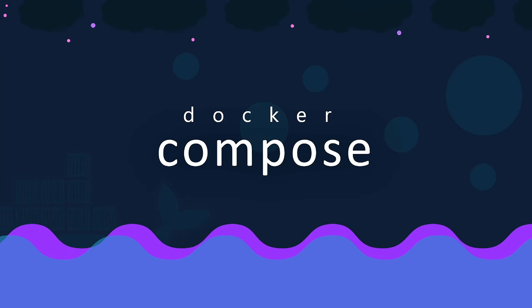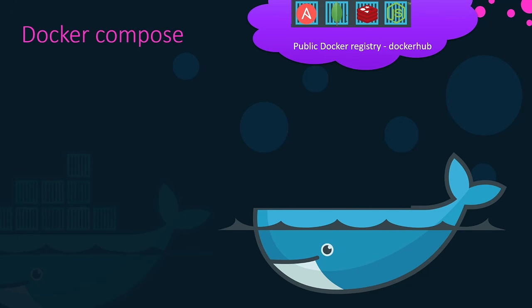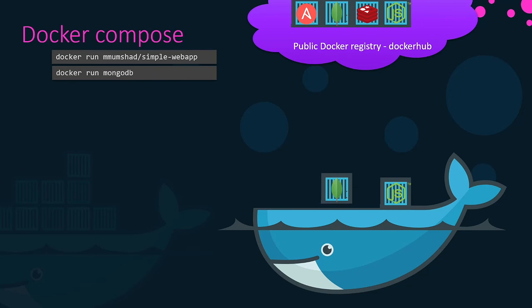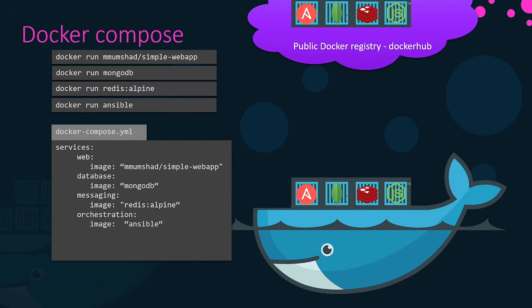Of course, we first learned how to run a Docker container using the docker run command. If we needed to set up a complex application running multiple services, a better way to do it is to use Docker Compose.